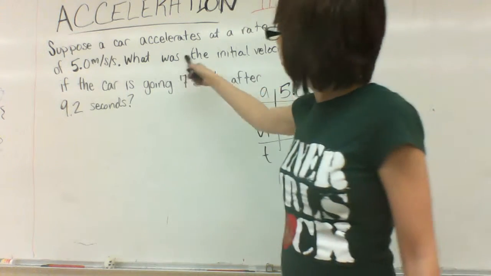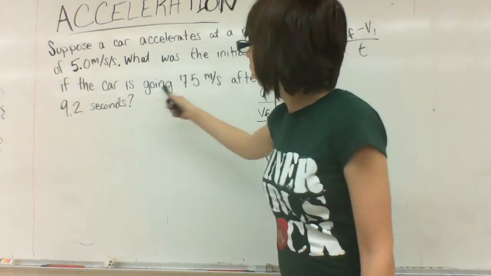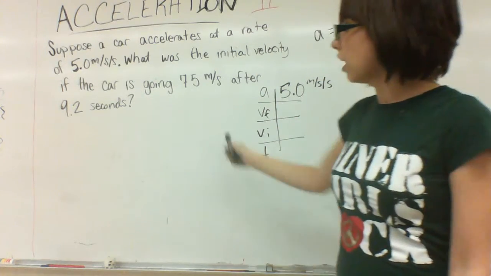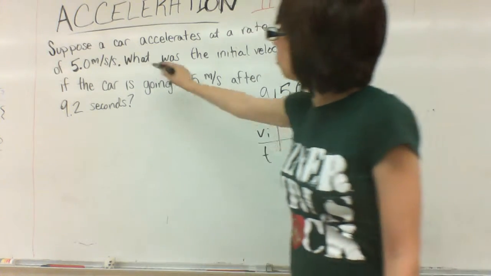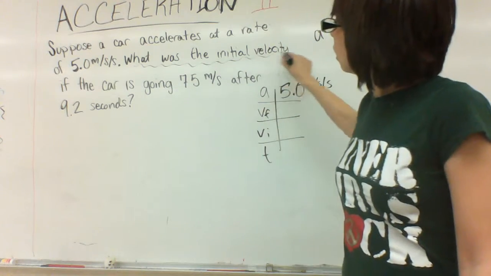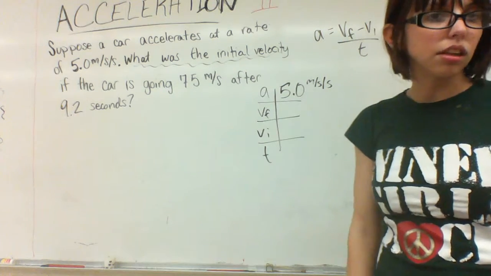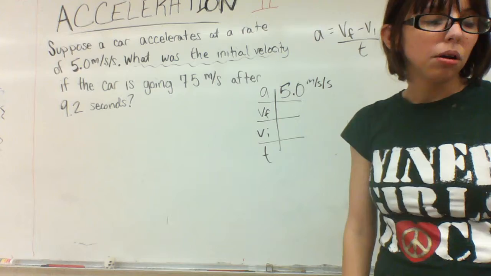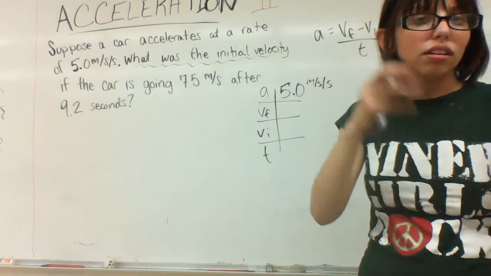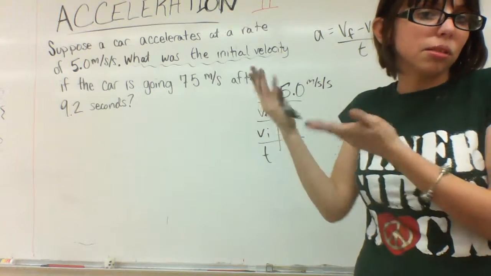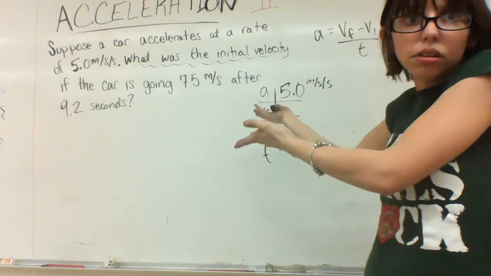What was the initial velocity if the car is going 75 meters per second after 9.2 seconds? You might be thinking, Miss Scott, that's a little silly that you point that out, but you should look for those question words in these problems. That tells you directly what you're looking for.